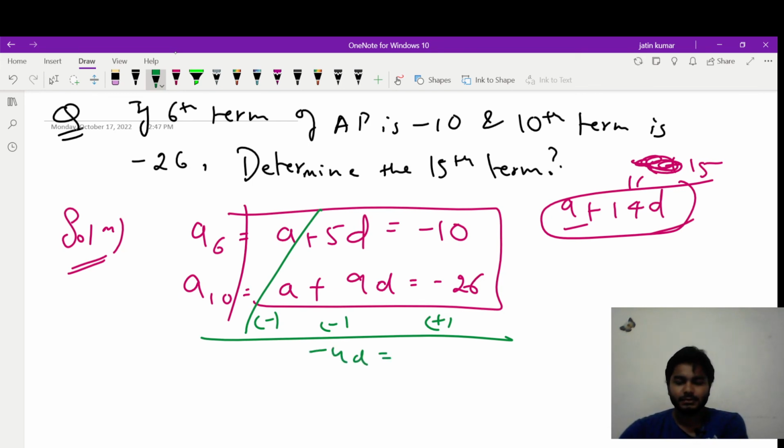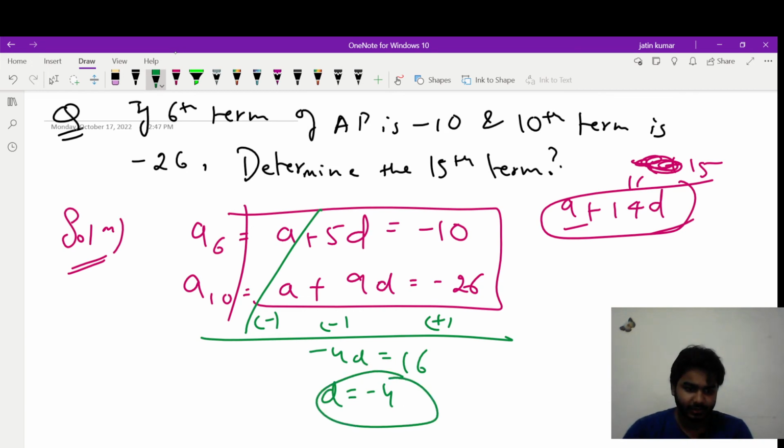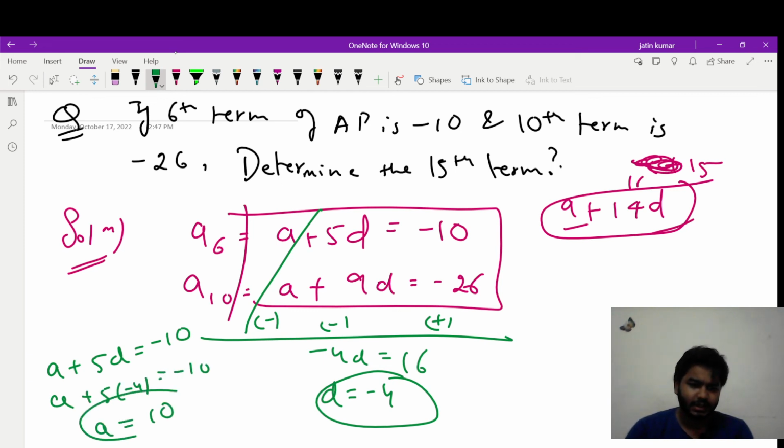Sixth term is minus 10 and 10th term is minus 26. Yes, so 26 minus 10 is 16, so d will be minus 4, and if d is minus 4, then a will be... let's find the value of a. 5 into minus 4 plus a is equal to minus 10. a will be 10, I think. a is 10.